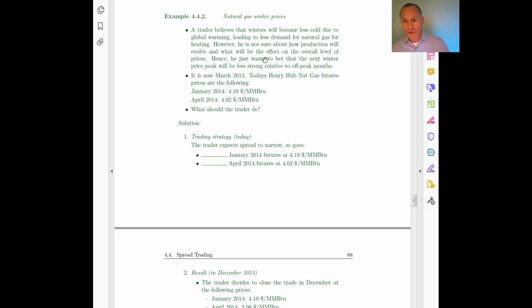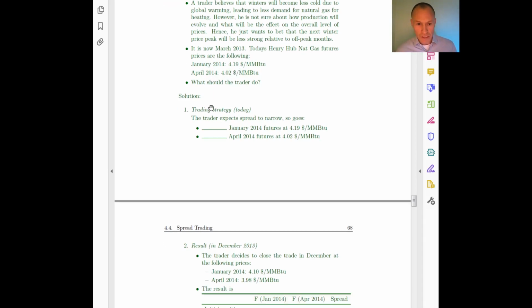Okay, so how does he trade on that? So you look at the curve. You have a price here for winter, January, and you have an off-season price, April. Okay, so basically you expect this is the high price, this is the low price. You expect the spread to narrow, right? And according to the previous rule, what you should do is... Let me know if you have questions in class.